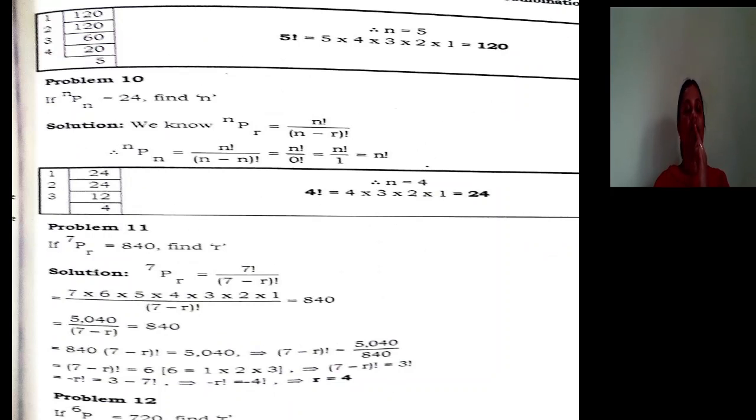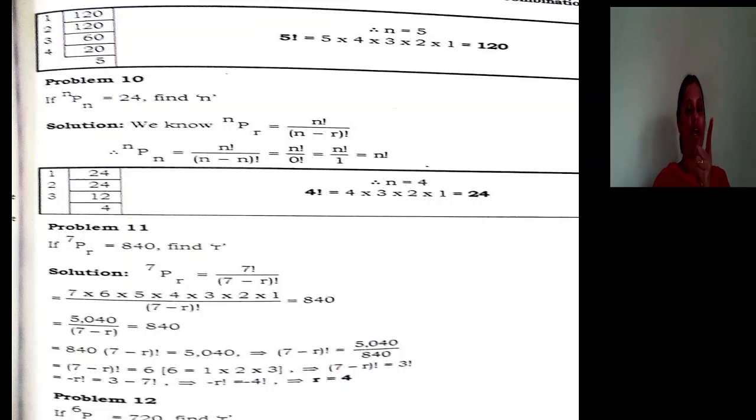So let me see how to calculate n. Listen carefully, we should divide 120 by 1. We should start with 1. 120 times 1 is 120. Then we should divide it by 2. 2 times 60 is 120. Then we have to divide it by 3. 3 times 20 is 60.